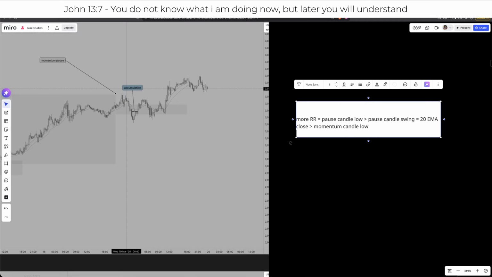So here's my first. So this was my first trade that should result in a -1.